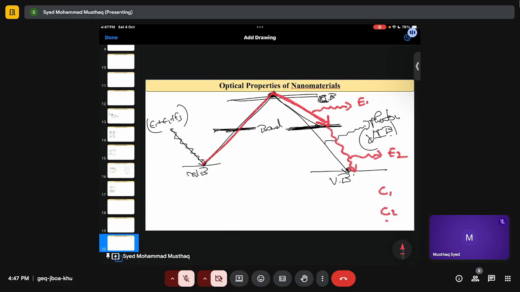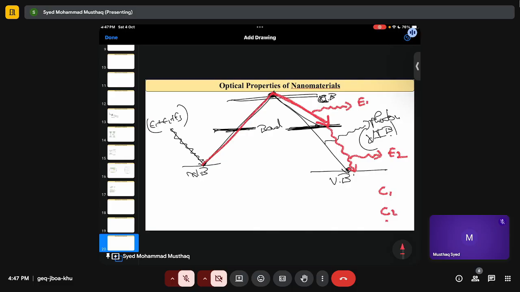Whenever you dope glass with metal ions, you will have pure colors. For example, if you dope your glass with copper, you will have a blue color, and if you dope with cobalt, it will give violet color. The same goes for chromium, which will be green, and for manganese it will be yellow.